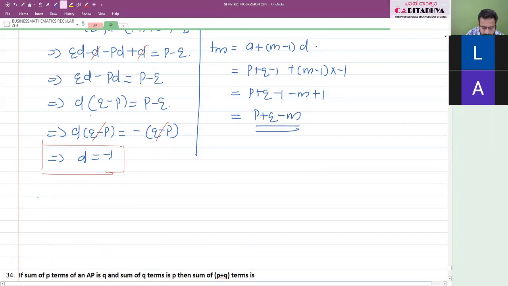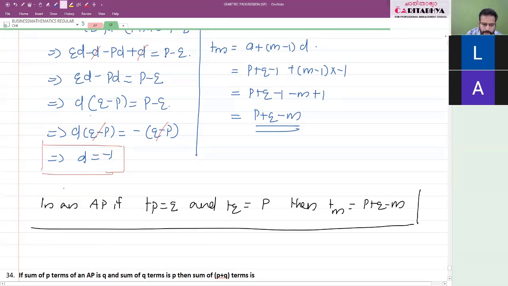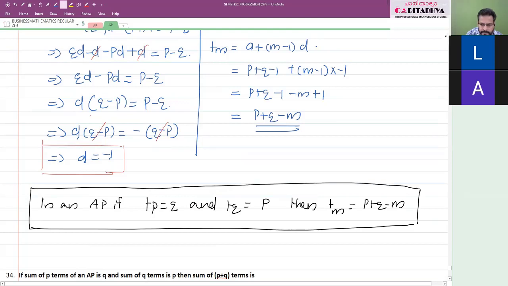So note here, in an AP, if TP is equal to Q and TQ is equal to P, then TM is equal to P plus Q minus M. So Pth term Q, Qth term P ആണെന്നുണ്ടെങ്കിൽ mth term എന്ന് പറയുന്നത് എന്താണ്? അത് രണ്ടും ആഡ് ചെയ്യുന്നത് മൈനസ് mth term ആക്കി.